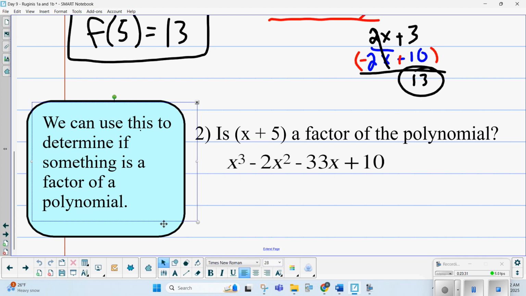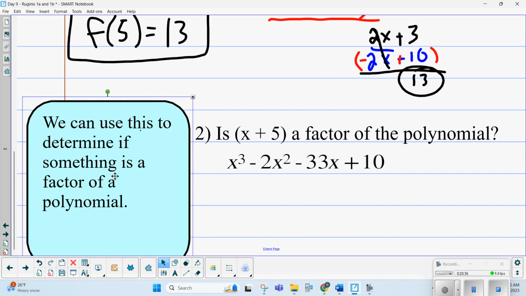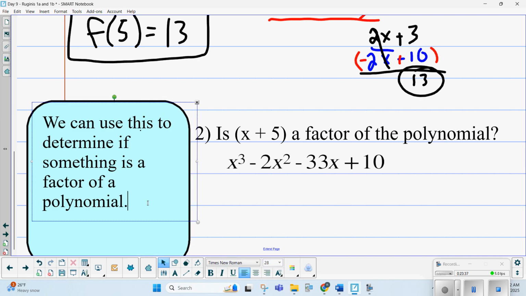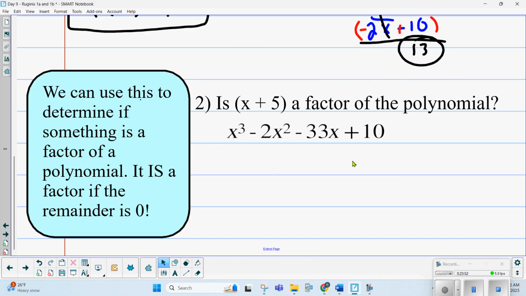So let me add to this: something is a factor of a polynomial if the remainder is 0. The remainder is 0 when you divide, that means something's a factor.